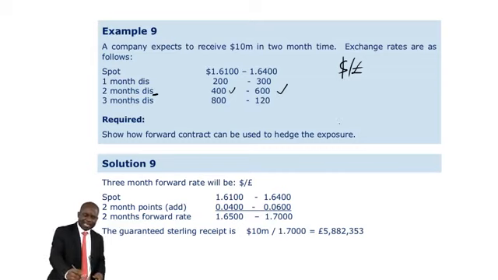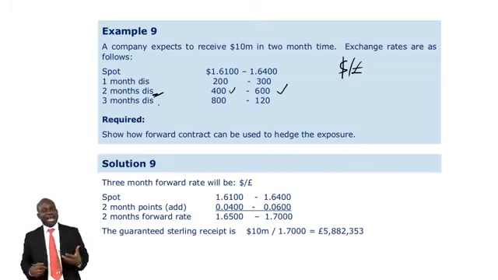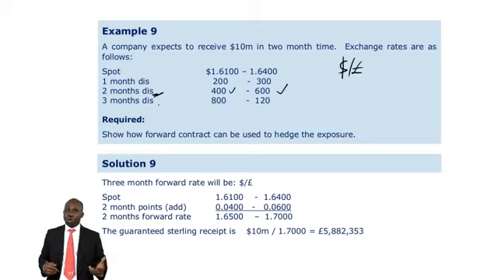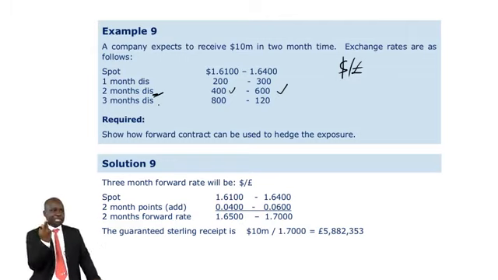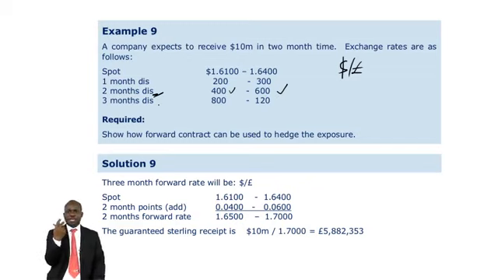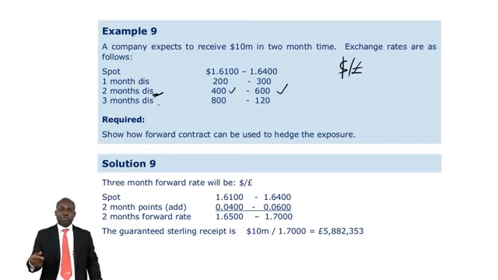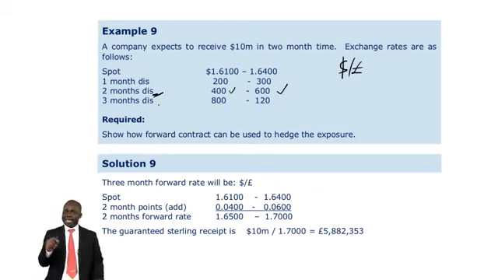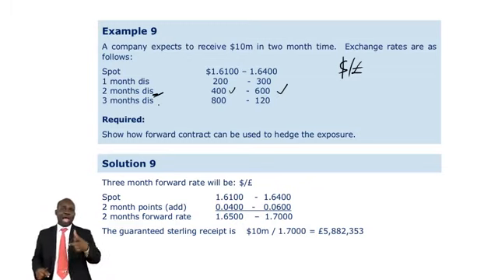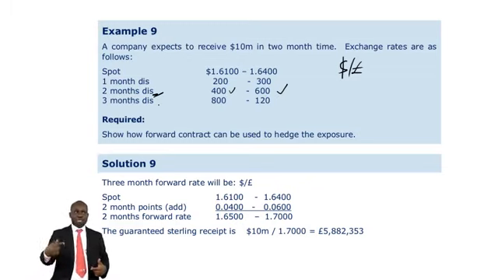Here they said discount. A currency at a discount means you need more, so in discount terms, you would have to add. I told you it's opposite to our normal day-to-day meaning of a discount, where you deduct. But here, if it is a discount, you add. If it is a premium, you deduct rather.